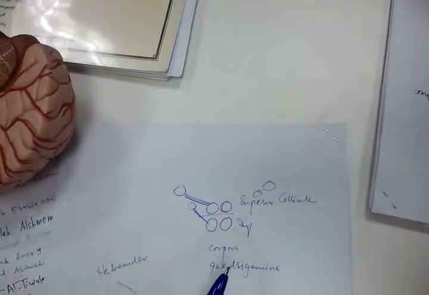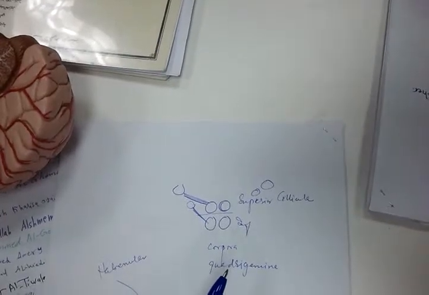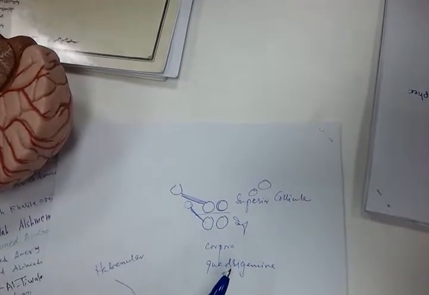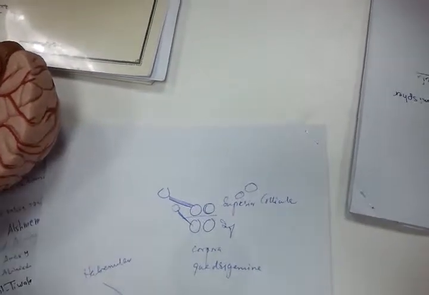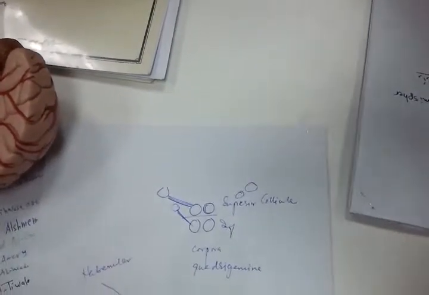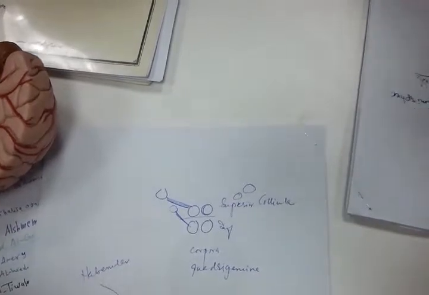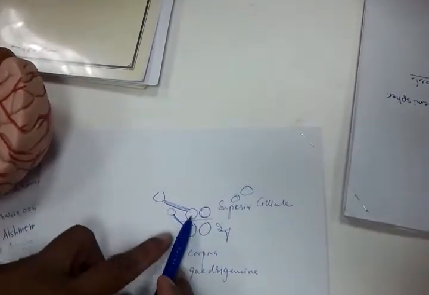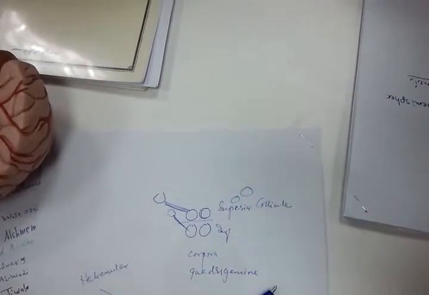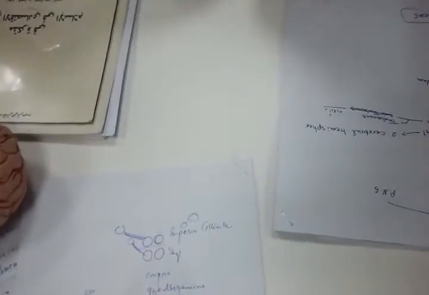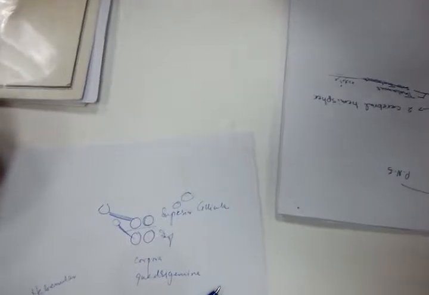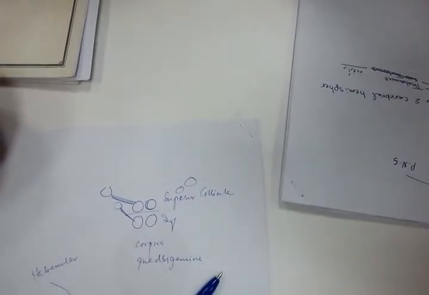If you remember, the lateral geniculate body is concerned with vision, because the optic nerve comes and then the optic tract reaches the lateral geniculate body. So if the lateral geniculate body is related with vision and is connected with the superior colliculus, the superior colliculus has something to do with vision. What is it? Movement of the body, head and neck in response to vision.